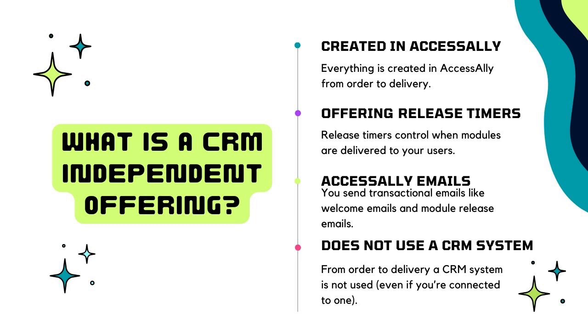If you are currently connected to a CRM system with AccessAlly like ConvertKit, Drip, Keap, Ontraport, or ActiveCampaign, then the contact information will still be stored inside your CRM, but you're not using it at all for delivering emails or your webhooks and automation tags. So let's go ahead and take a look at this process.